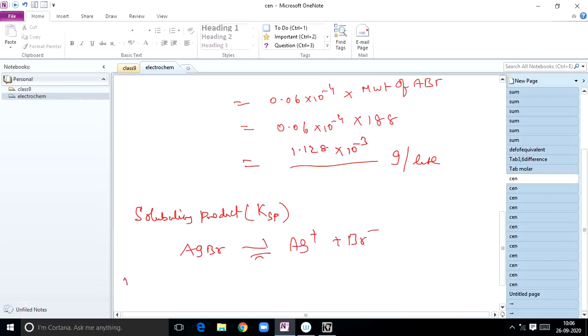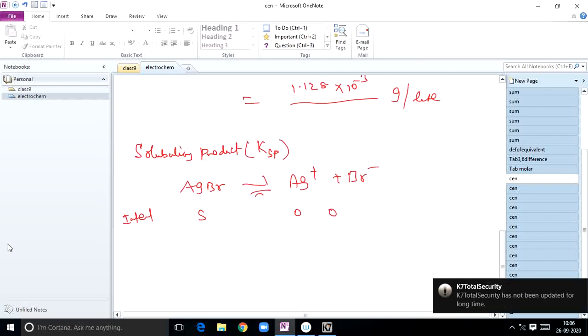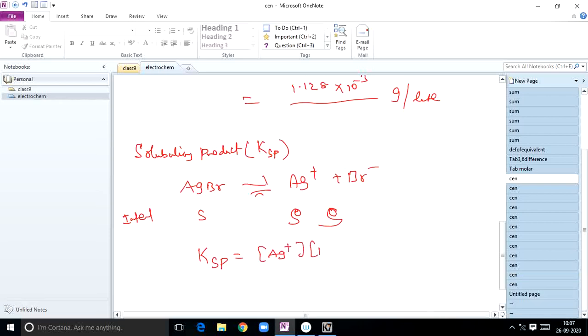Initially here it is 0, solubility I am taking S. So after some time, what will be the solubility? Suppose here also S. So what is the formula for solubility product? Solubility product is defined as the product of the molar concentrations of the individual ions present in the saturated solution. So KSP is equal to concentration of Ag plus into concentration of Br minus. So here concentration of Ag plus means S, Br minus means S.